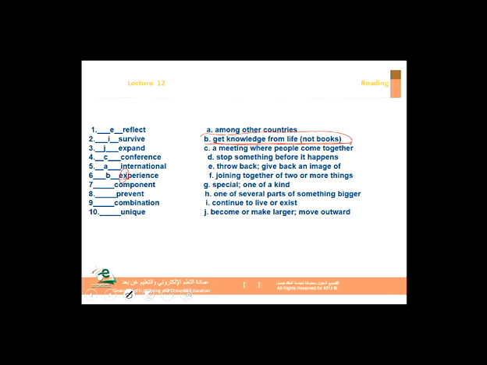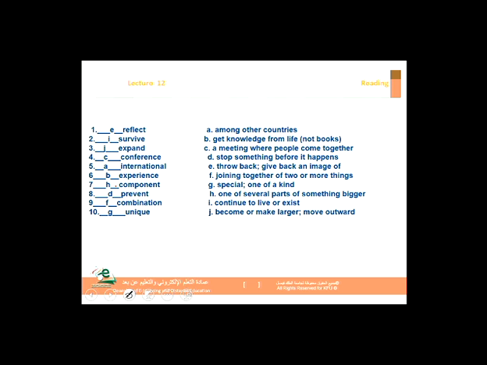So component, again, com. This is the prefix. And it's H. Why? It's this one here. One of several parts of something bigger. Components, together. If something is big, you have components, they are part of something bigger. And then prevent. Pre here means before, right?